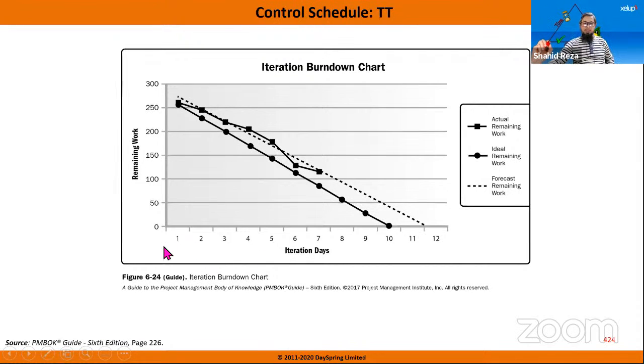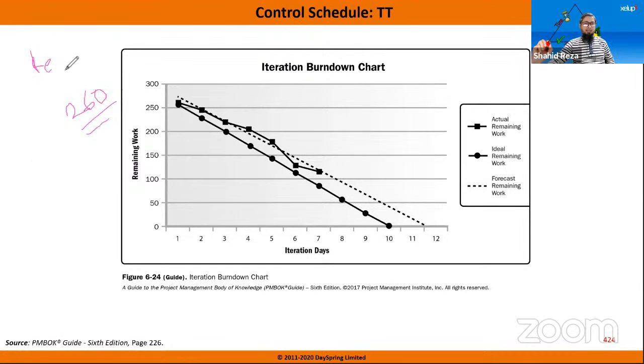Say this is a 2 week iteration, and the team plans to deliver 260 story points, for example. In Agile, they estimate the user stories using story points, based on relative estimation.